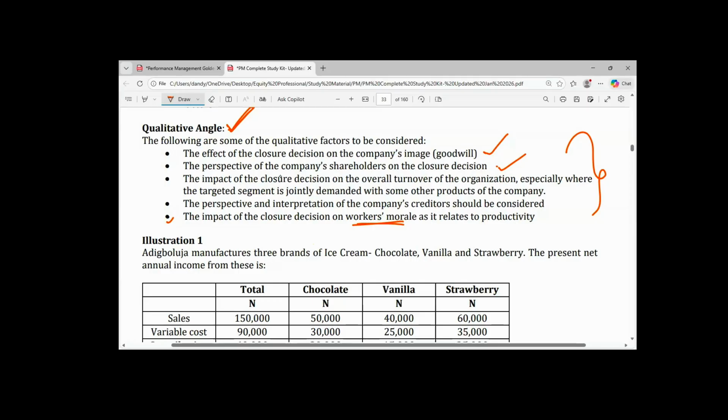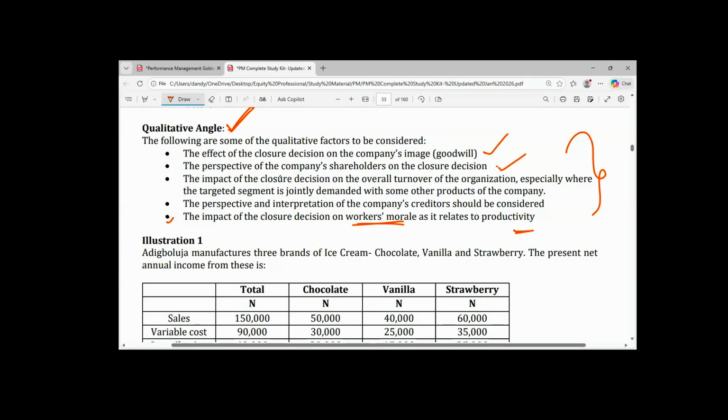Not only that, it may resort to litigation or disputes, because the affected staff can sue the company that they were asked to go illegally. Then media can come up with any kind of story.